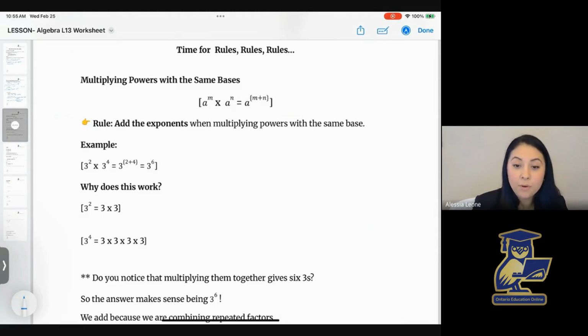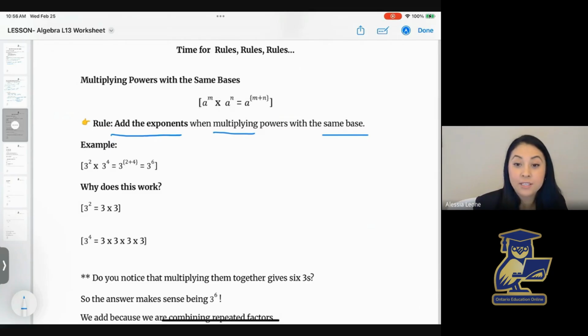So a to the power of m, now multiplication, that's what we're talking about here, times a to the power of n. Let's say that's a different exponent, equals a to the power of m plus n. So this is showing us when we multiply and the bases are the same, we add the exponents. This is the rule. Add the exponents when multiplying powers with the same base.